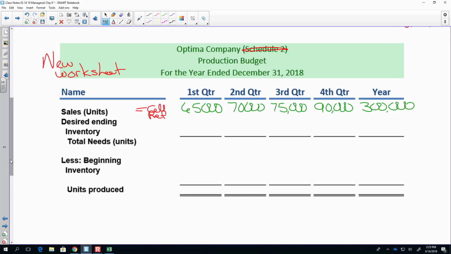Oh, they give us letter C. Go to letter C. They actually give us the numbers. 13, 15, 20, and 10. Thank you.